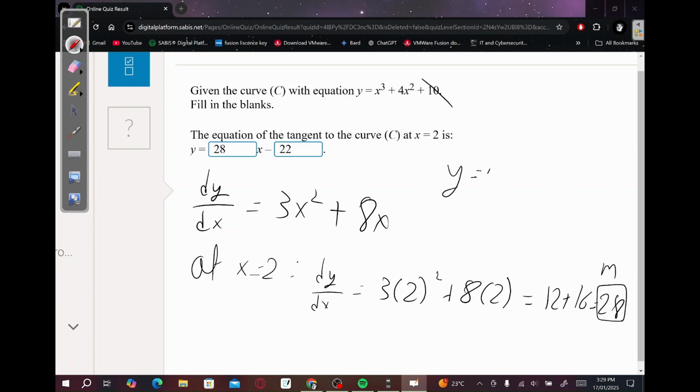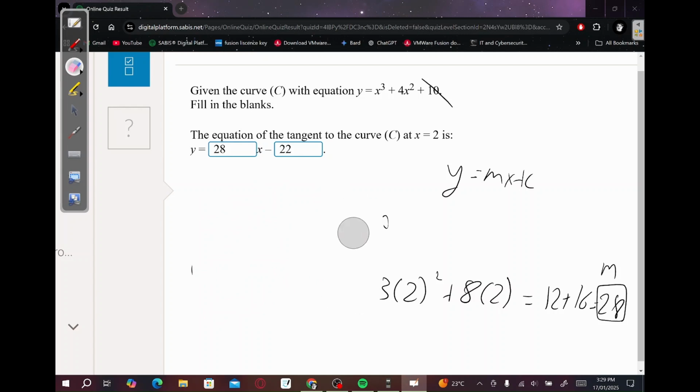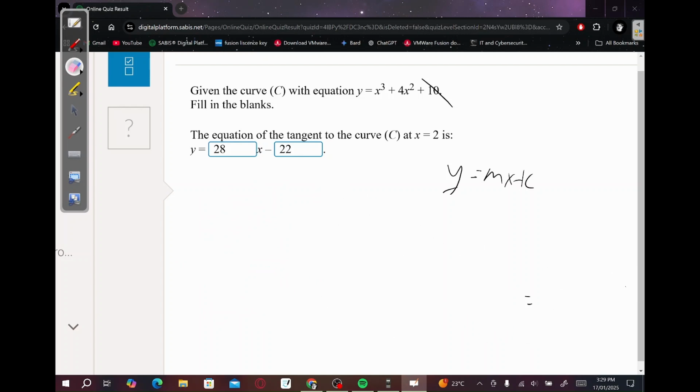y equals mx plus c. This is our gradient. Okay. So now what we're going to do, we're going to use this. They want the equation of the tangent, so we're going to make the equation of the tangent. So y equals 28x plus c. Now we're going to substitute x equals 2 in the original equation to find what the y value would be at x equals 2.